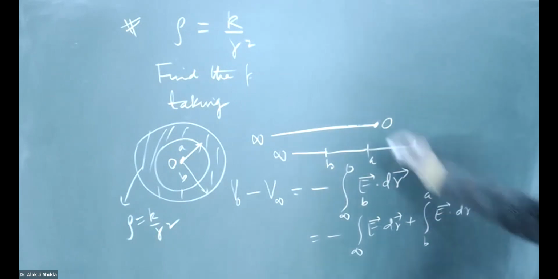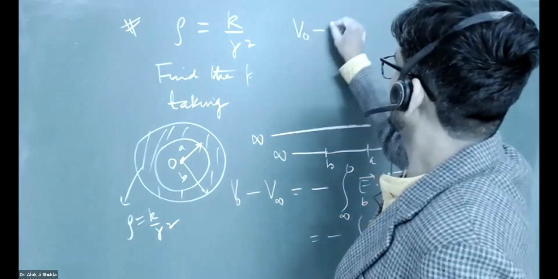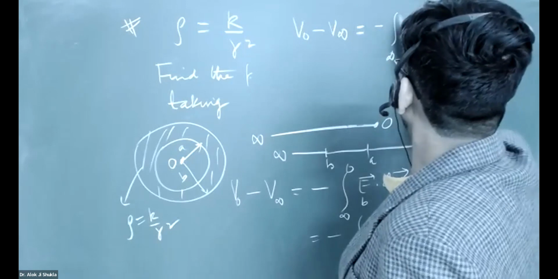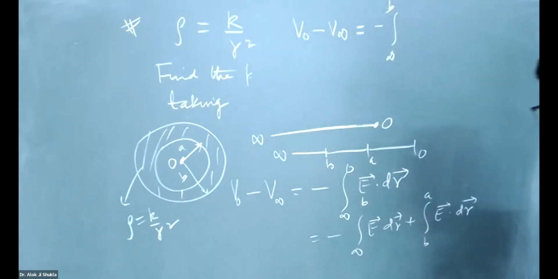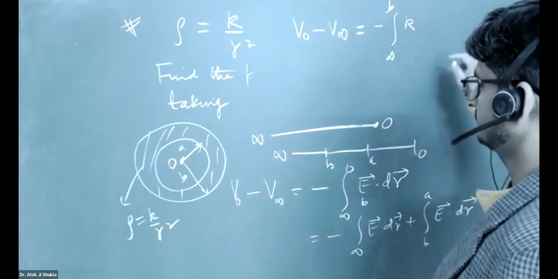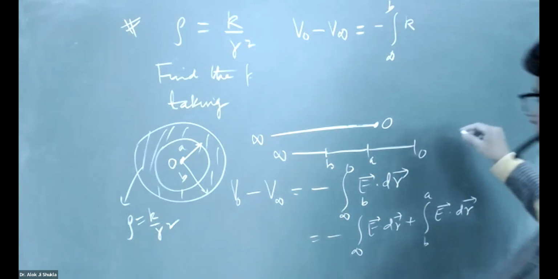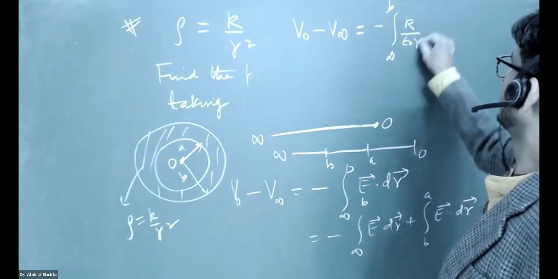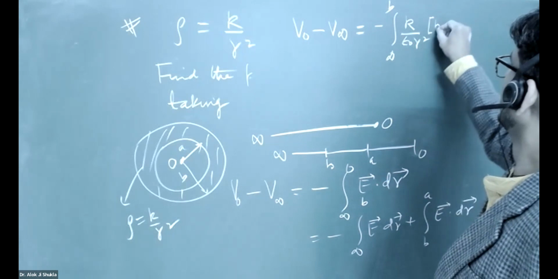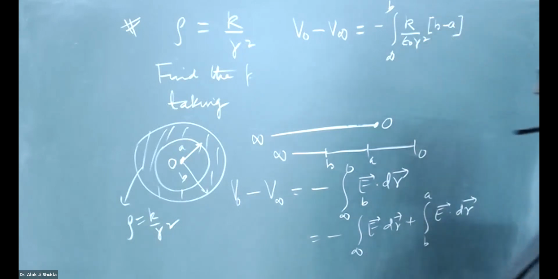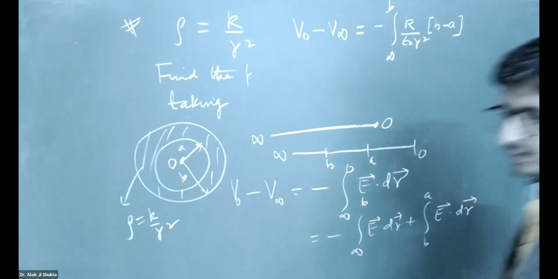What is the profile? K by epsilon 0 r square, b minus a. This was the profile into dr.